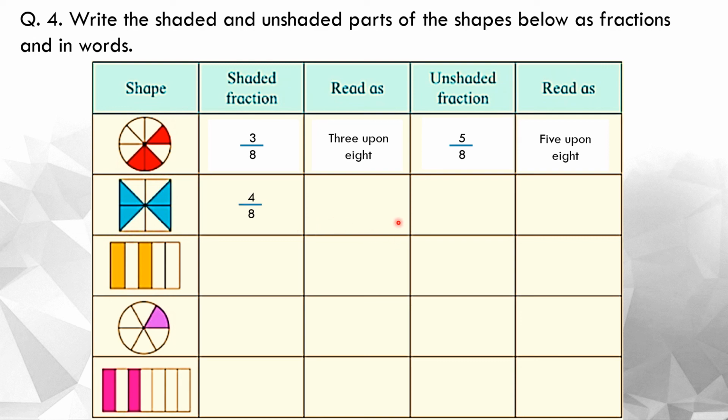Then we will write in words 4 upon 8. Now we will count the unshaded part. 1, 2, 3, 4. So the unshaded fraction will be 4 upon 8. And we will write in words 4 upon 8.